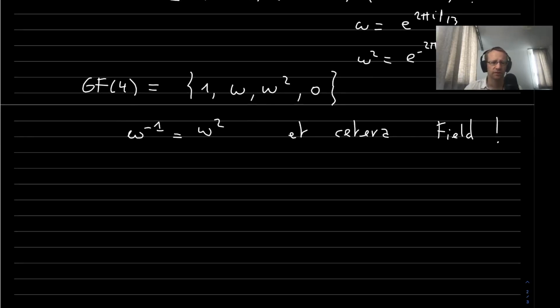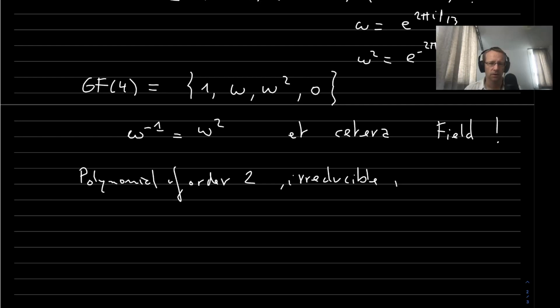Now, alternatively, we could have used the third property, which says that this is a quotient ring. So we need an irreducible polynomial of order 2, namely k, in polynomials over x with coefficients in Z2.